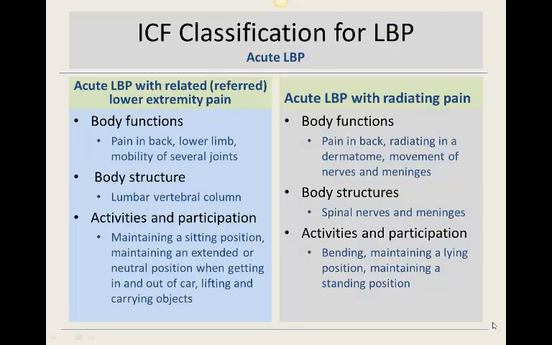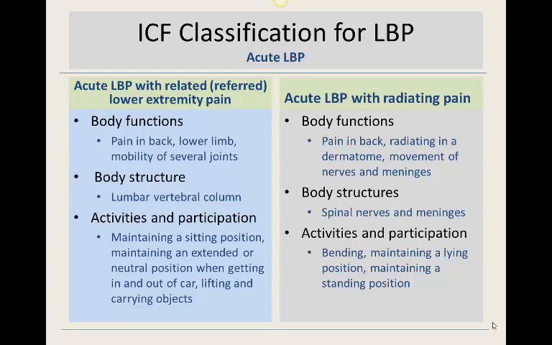The next two categories are acute low back pain with related or referred lower extremity pain and acute low back pain with radiating pain. In acute low back pain with referred pain, again, the body functions will be pain in the back, lower limb, and mobility of several joints. It typically involves the lumbar vertebral column.